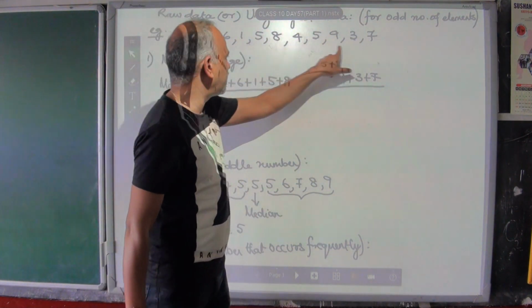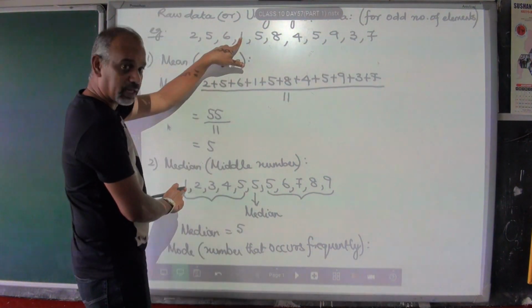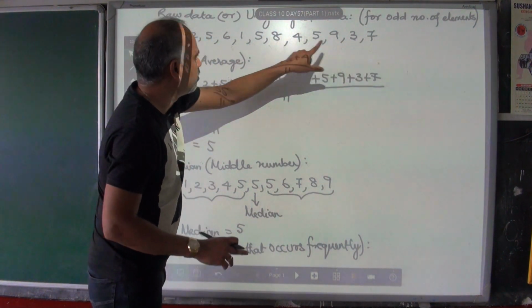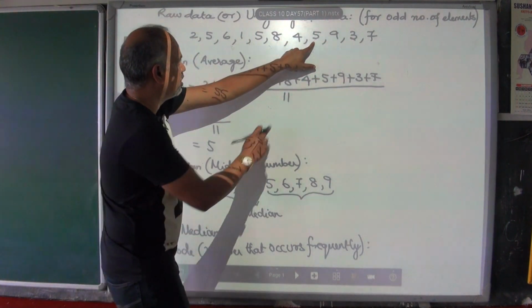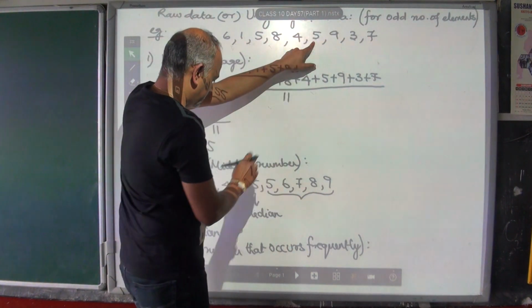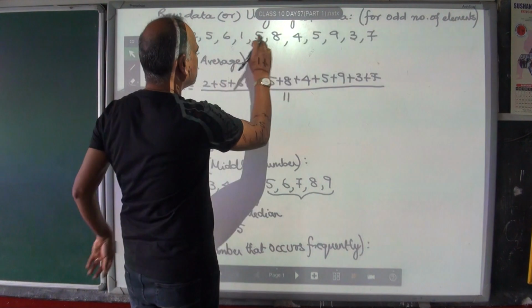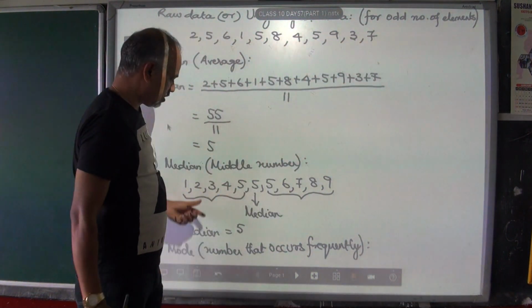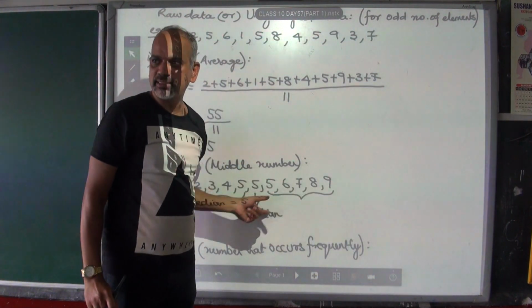If you look at this data, the smallest number is 1. So that's written first. Then 2. Then there is a 3, 4, but you'll see there is 5, 5, 5, three times. And then comes a 6, a 7, 8 and a 9. So I have arranged this first in ascending order.